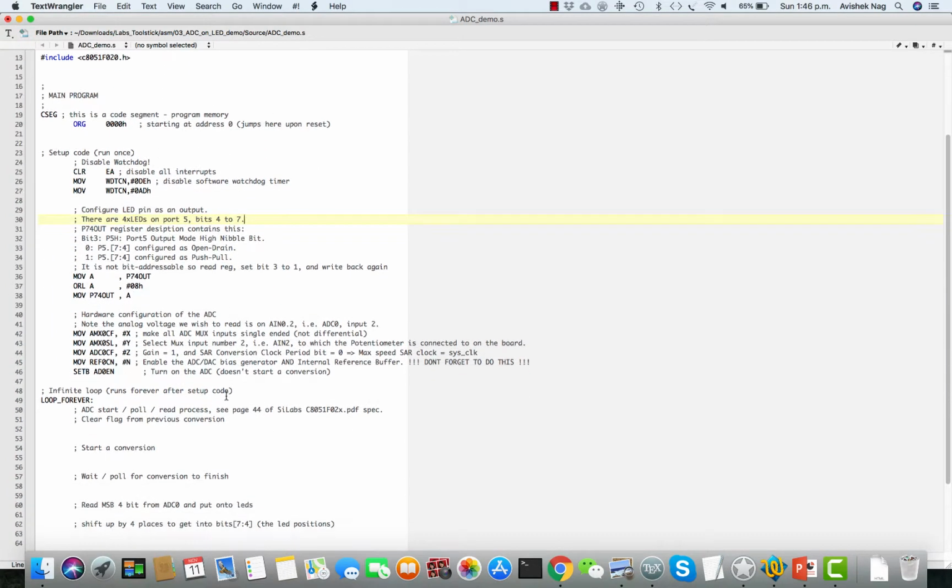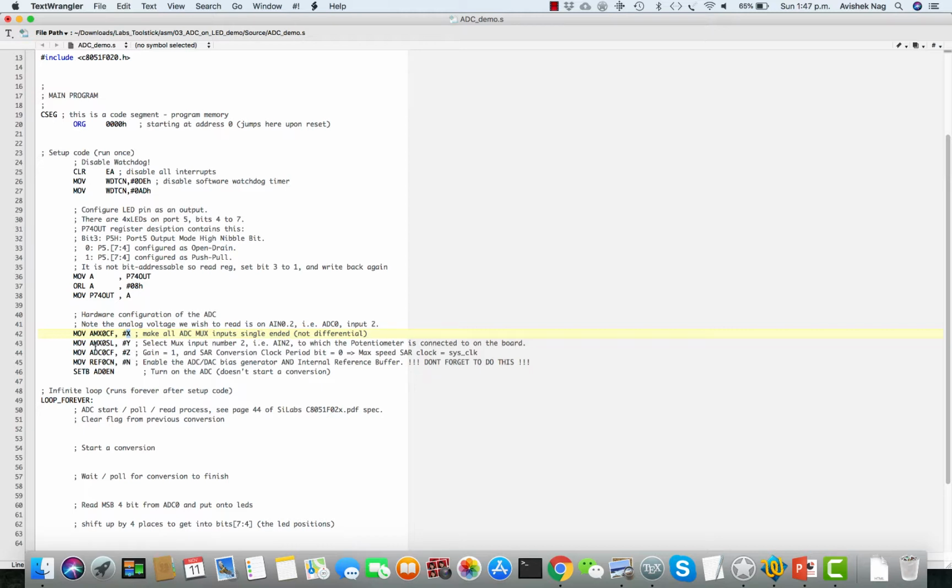First thing is you set all these special function registers that I just discussed to their respective values. So you set AMX0CF, you have to find out the value X here, so that it makes all ADC multiplexer inputs single-ended and not differential.